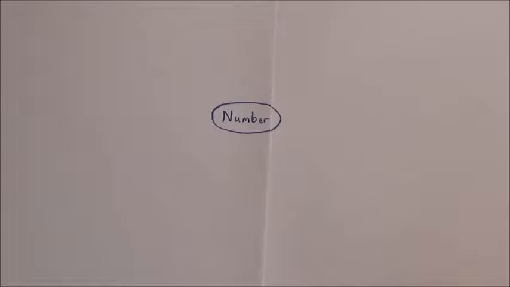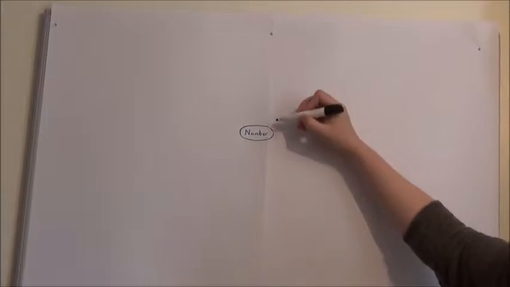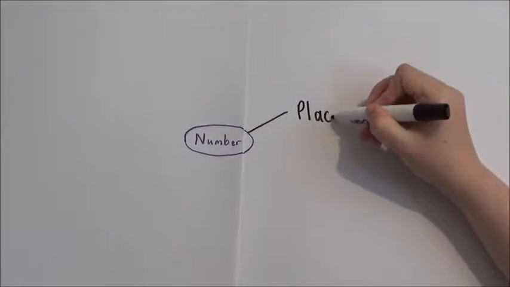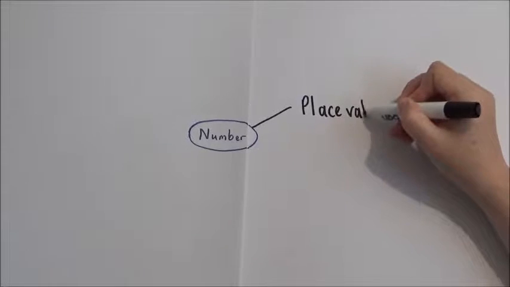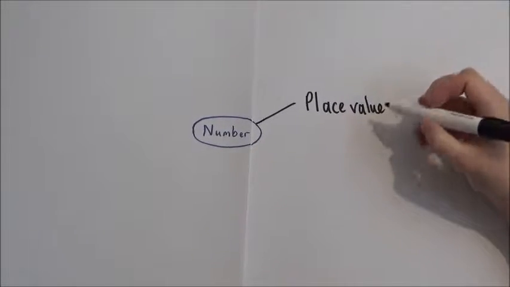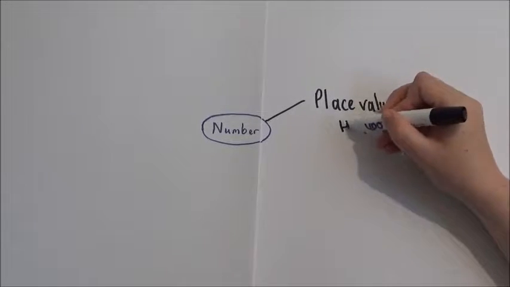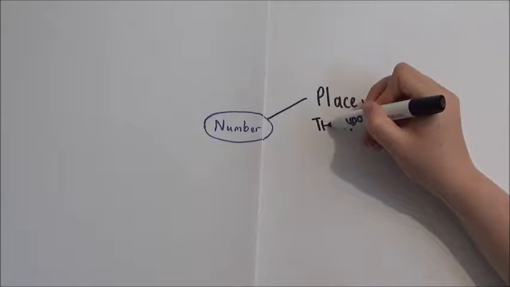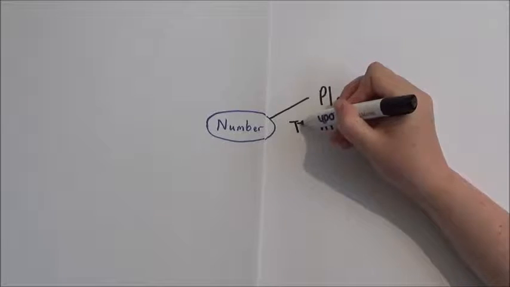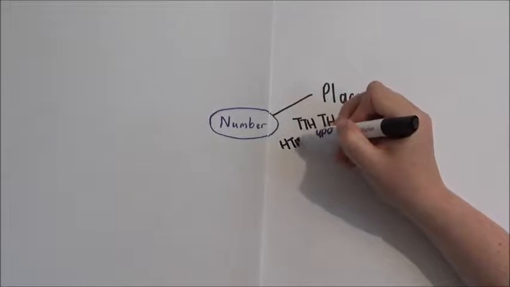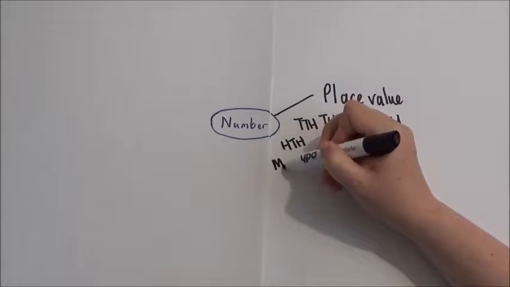Add our new maths understanding to our number mind map. Today we've been looking at place value. And we know that we've got units, tens, hundreds, thousands, tens of thousands, hundreds of thousands, and a million.